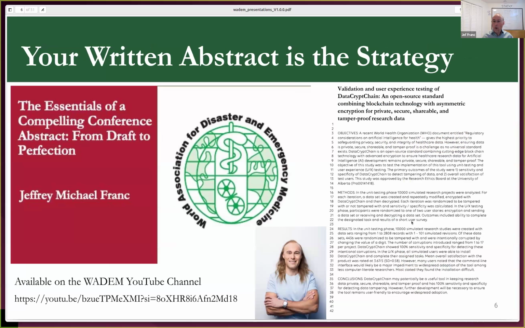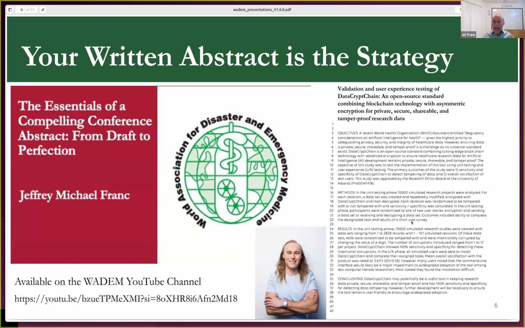All right. So we're going to talk about tactics today, building that idea into a presentation. This is assuming that you already have a written abstract. Your written abstract was the strategy. You should already have a written abstract that has a title and usually has the objectives, the methods, the results, and the conclusions.